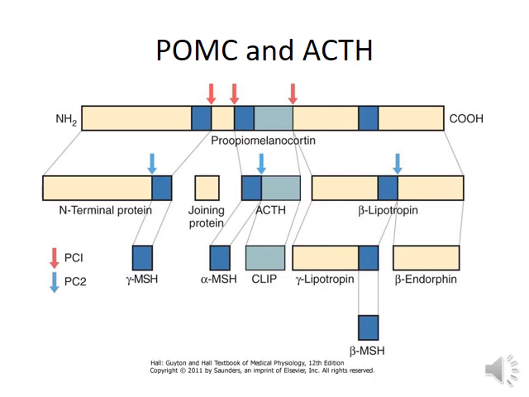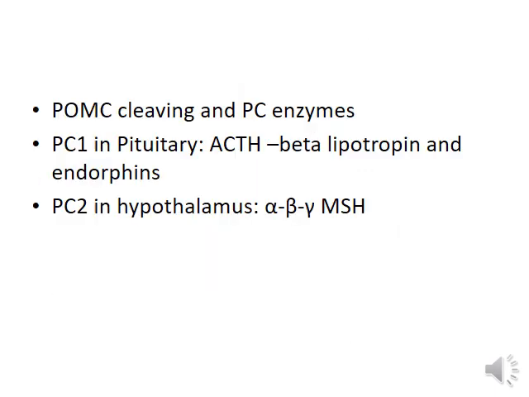As these proteins can enter the blood circulation and go to the hypothalamus, there PC2 exists and cuts it into gamma MSH, alpha MSH, beta endorphin, and gamma lipotropin. So all the MSH are created in the hypothalamus.